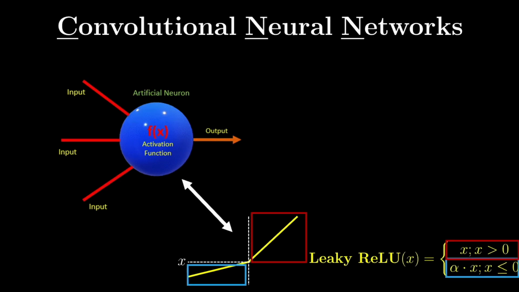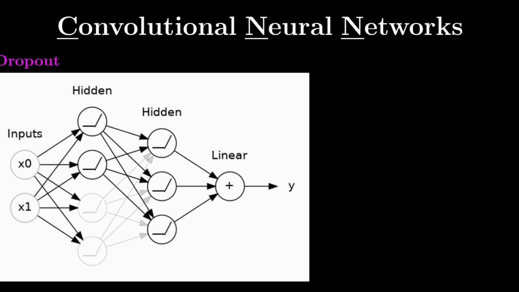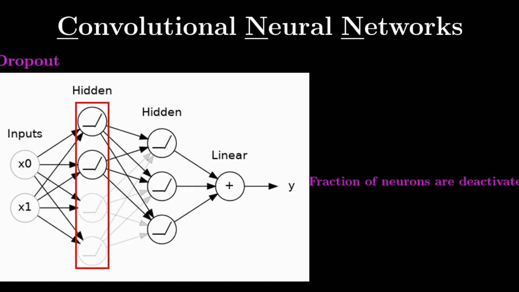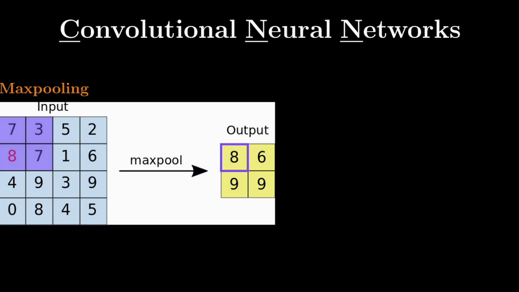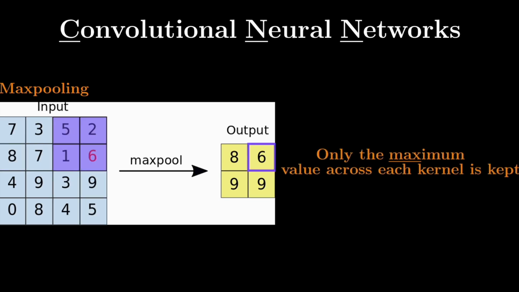These outputs are then normalized to recenter them around 0 and rescaled to a standard size so that we can accelerate training. Neural networks, however, are prone to overfitting, or memorizing training data, which leads to poor performance on new, unseen data. To combat this, a fraction of the neurons is randomly deactivated to learn more robust representations. Finally, a kernel slides over the input and outputs the maximum value within each window in a process known as max pooling.